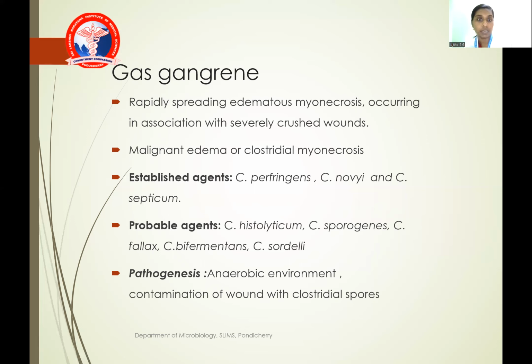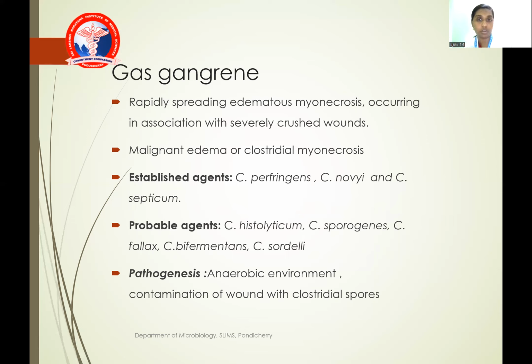Several agents are established agents for gas gangrene. First one is Clostridium perfringens, followed by Clostridium novyi and Clostridium septicum. One thing you have to remember: the gas gangrene produced by Clostridium perfringens will be associated with infection by other Clostridia species.